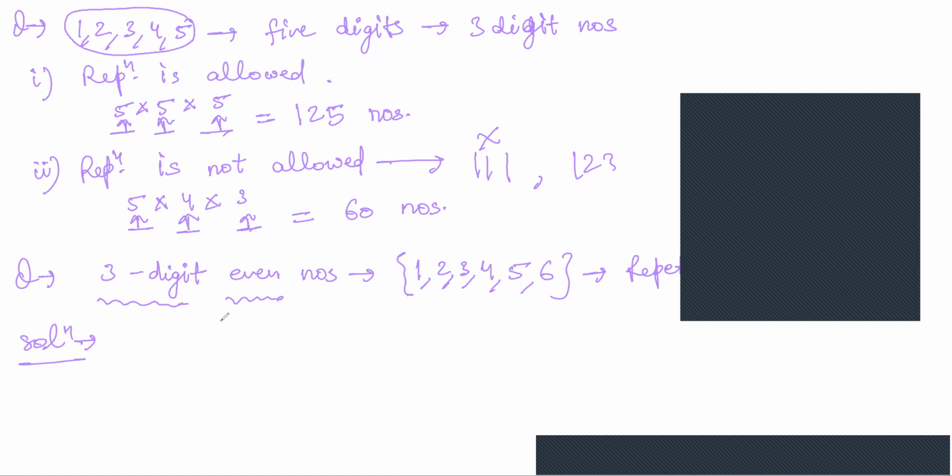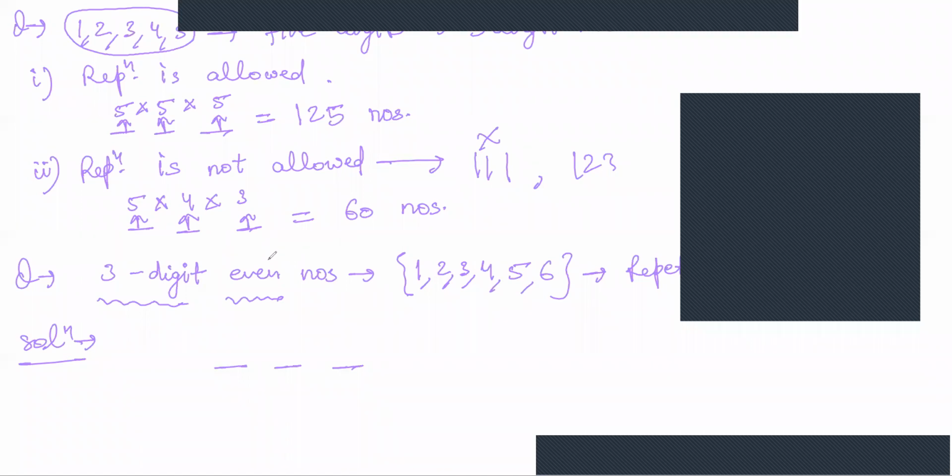So we have to form 3-digit even numbers out of these 6 digits and repetition is allowed. So basically to make a 3-digit number, we have to fill 3 places with 6 choices in which the choices can be repeated, right? And also the numbers should be even. That is an important condition as well.